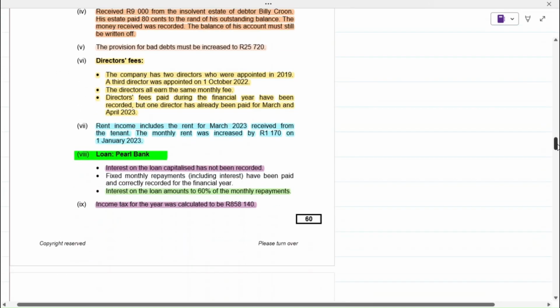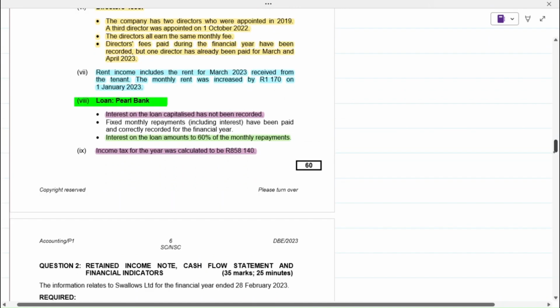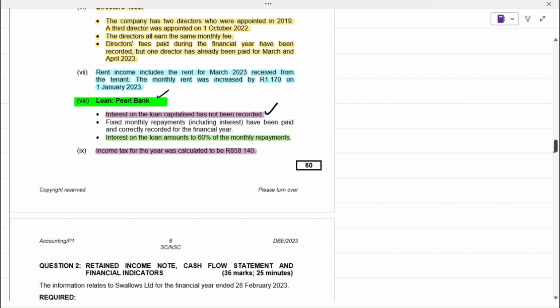So let's look at the information given with regards to this specific loan question. We have a loan from Pearl Bank. They say interest on the loan capitalized has not been recorded. If it has not been recorded, we have to record it.